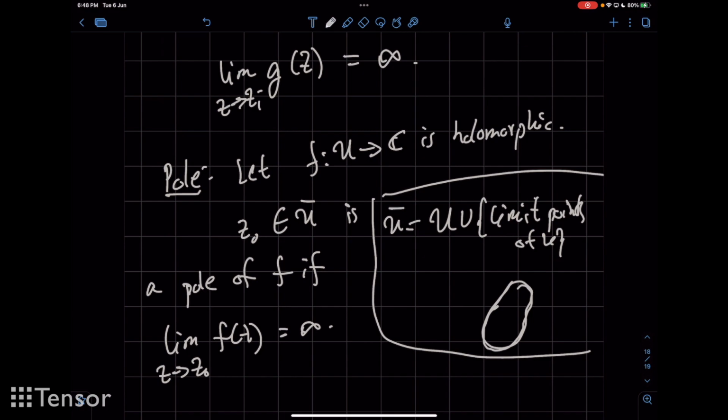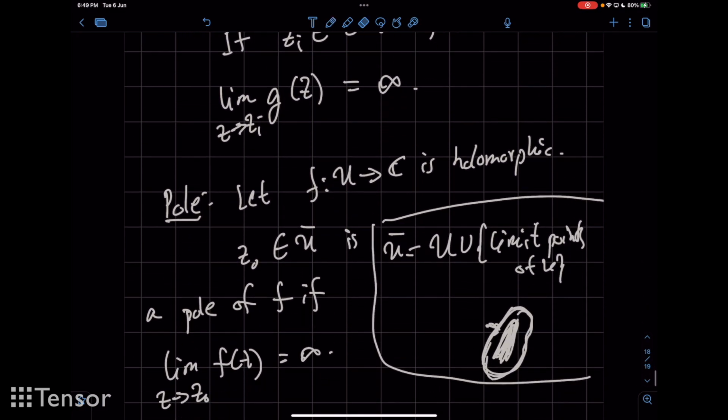So is the definition of a pole clear to everyone? A pole can only be on the boundary of my domain, because f is holomorphic inside this open set, but on the boundary of the open set, I can have a pole.